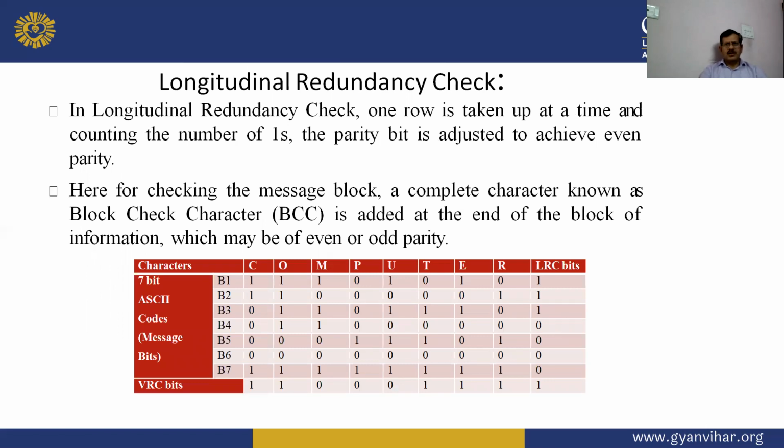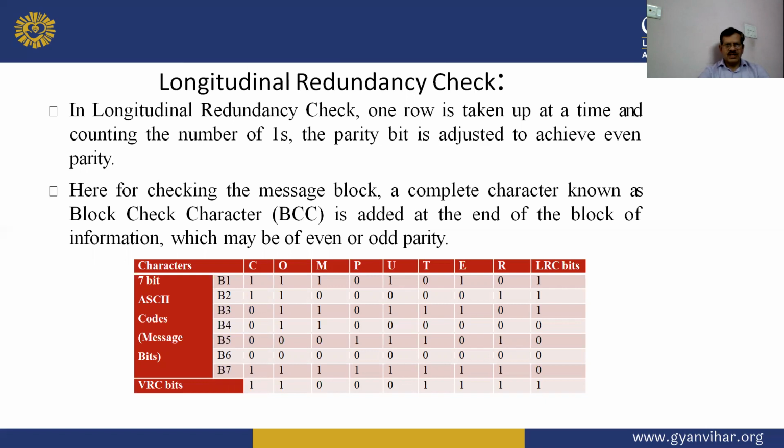Now in the longitudinal redundancy check, LRC, one row is taken at a time and the number of ones is counted. The parity bit is adjusted to achieve even parity.